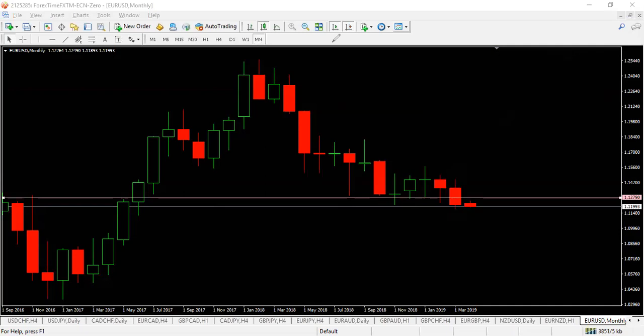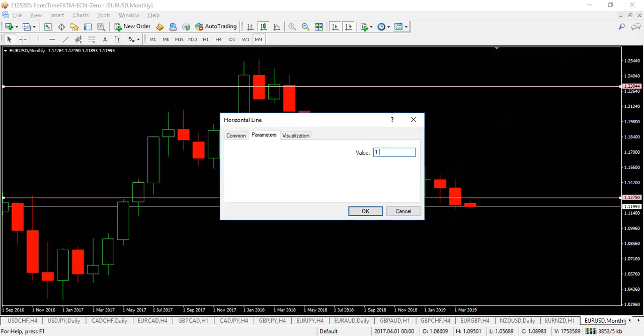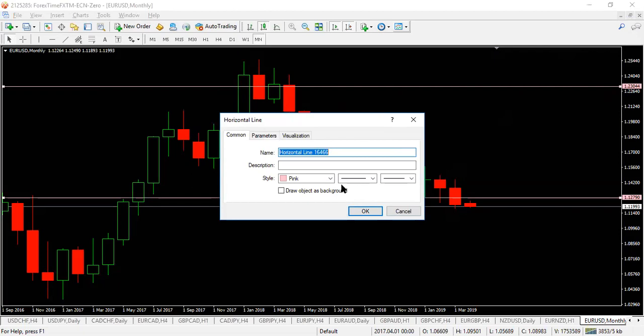Then let's decide for our weekly. I get the horizontal line, drop it anywhere I want, then edit it. I've shown you how to edit it. The weekly pivot is 1.1252. I can choose another color for the weekly. This is lime green, so lime green is for the weekly. Then I write it down.